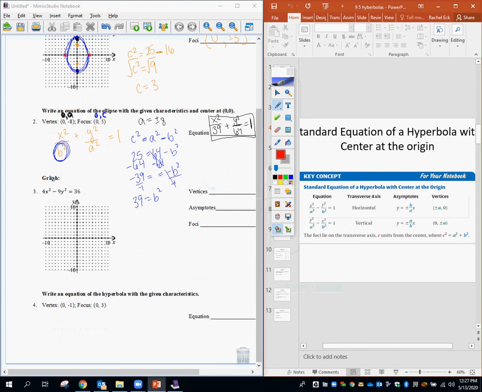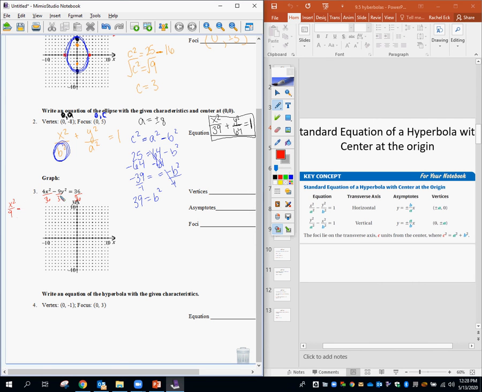Okay, so same thing here on this one that says graph. We need to make sure that it's in standard form. So we want to divide everything on both sides by 36. That would give us 4 over 36. And if you think about it flipped upside down, 36 divided by 4 is 9, so flip that back and you get 1/9.